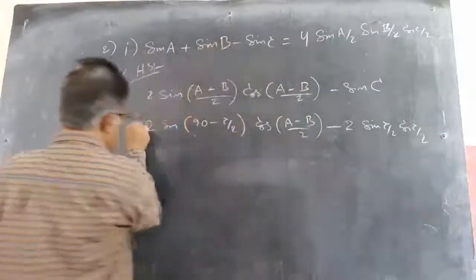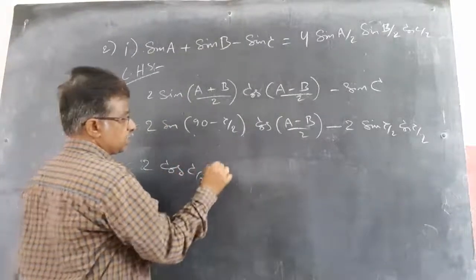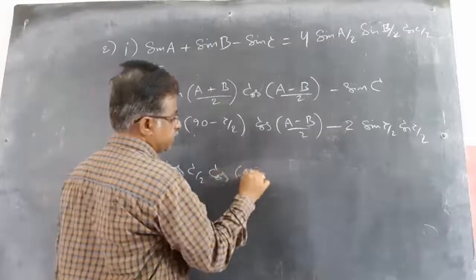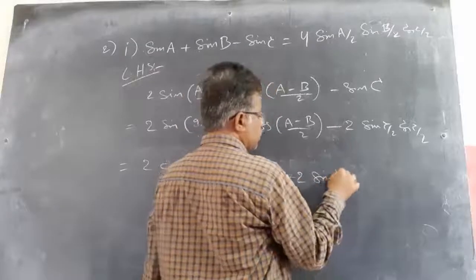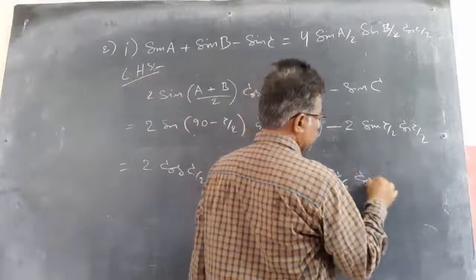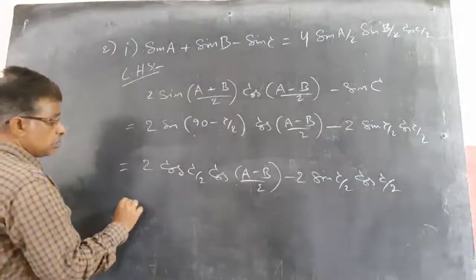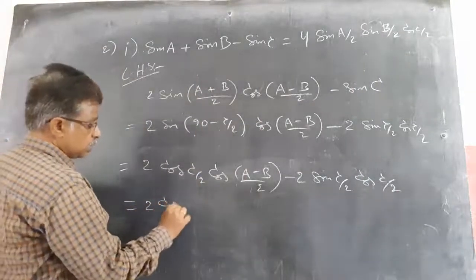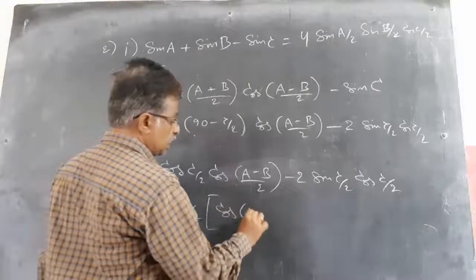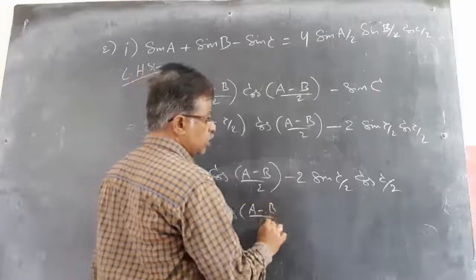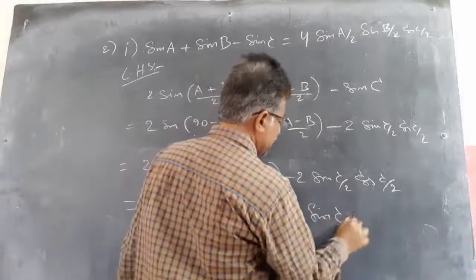Now sin 90 minus theta is cos, so cos C by 2 into cos A minus B by 2 minus 2 sin C by 2 into cos C by 2. So you can take 2 cos C by 2 common from both. Left out is cos of A minus B by 2 minus sin C by 2.